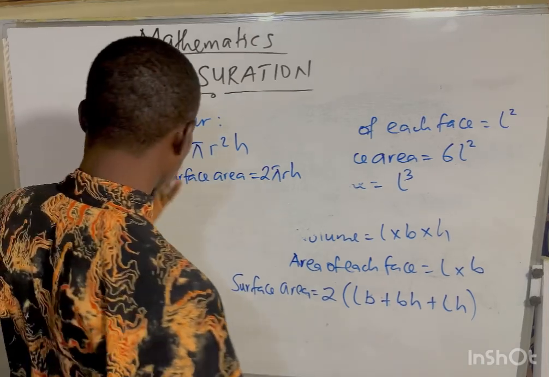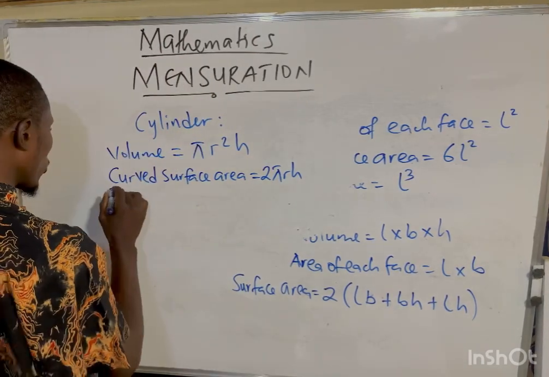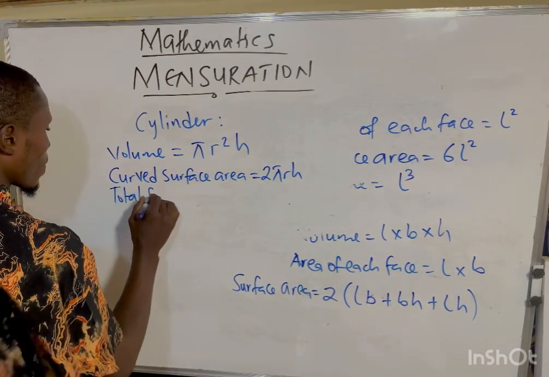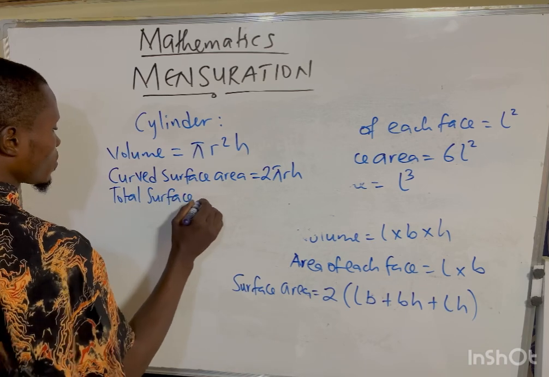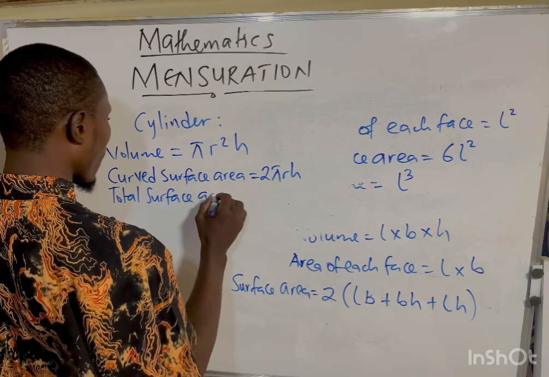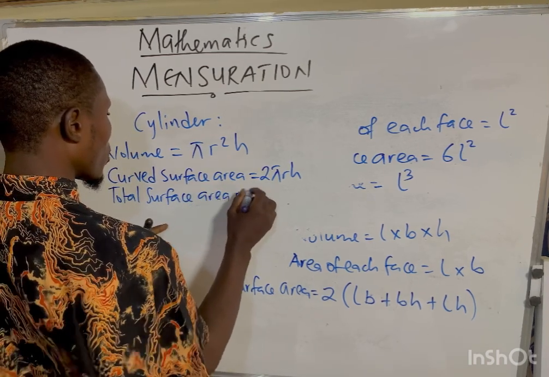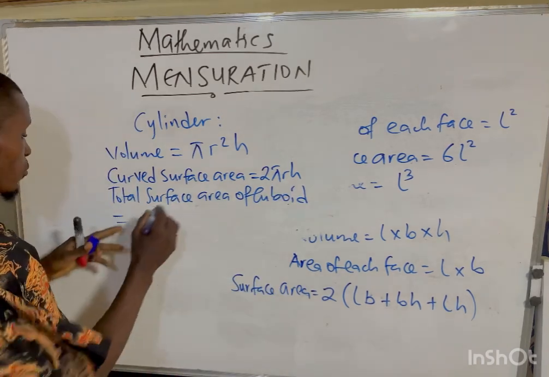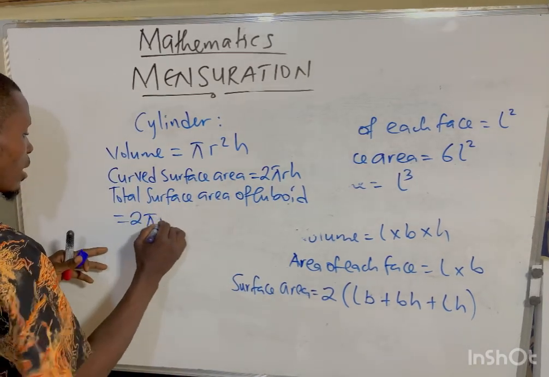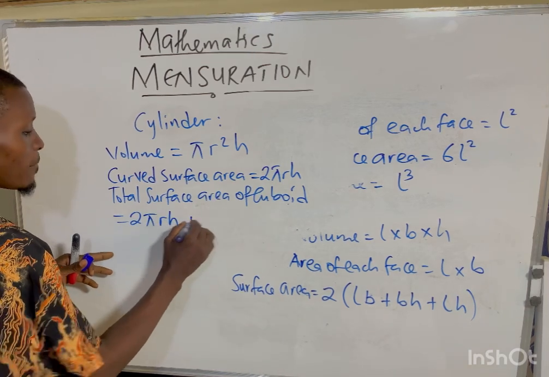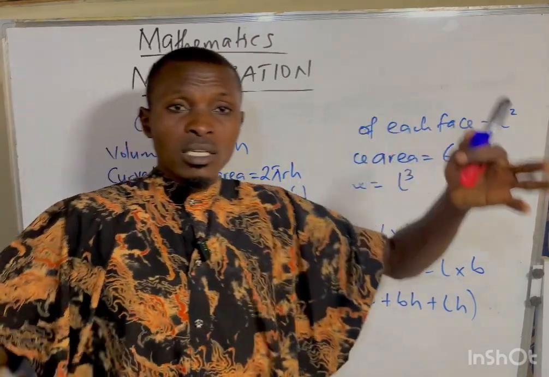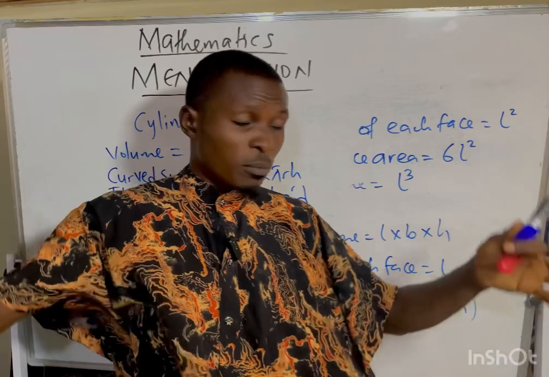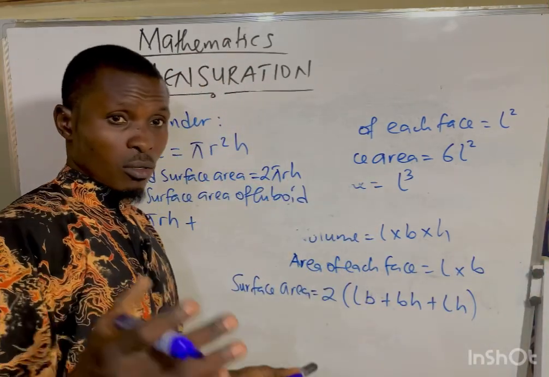So we also have the total surface area of a cylinder, given by the curved surface area 2 pi r h plus, remember, a cylinder has two circular bases.